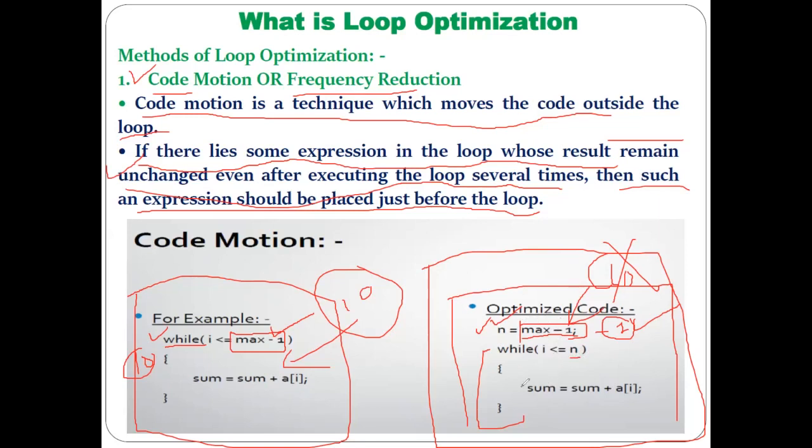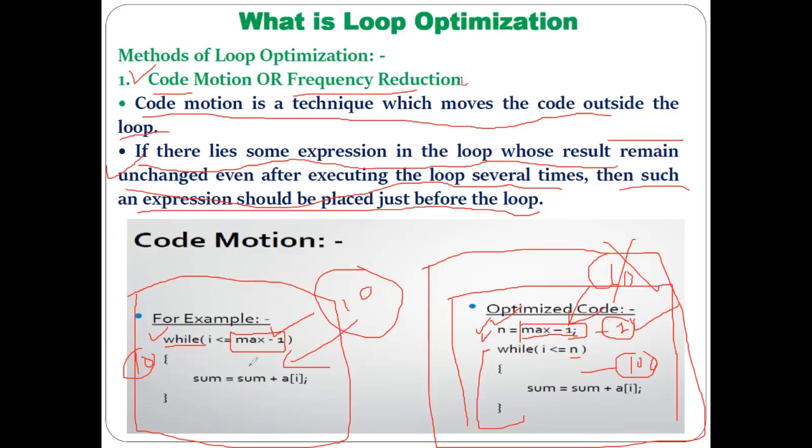Even if this while loop runs 100 times, max minus 1 will be evaluated only once and its result will be utilized through the n variable. So this is also called frequency reduction.